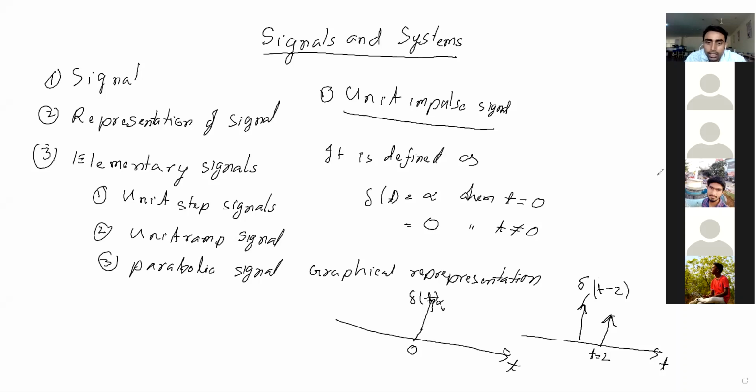Another thing we have to know is that in impulse signals the area is unity. The area under the impulse signal is unity.